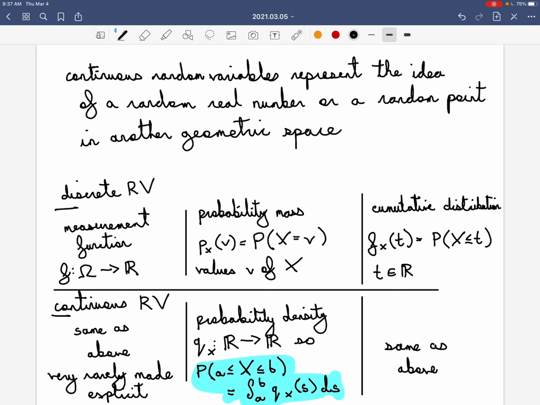And if you go to the most extreme case where a is actually equal to b, you get the integral over a trivial interval, the integral from b to b of q, and that comes out to be 0. So a continuous random variable has 0 probability of being equal to a precisely specified real number.